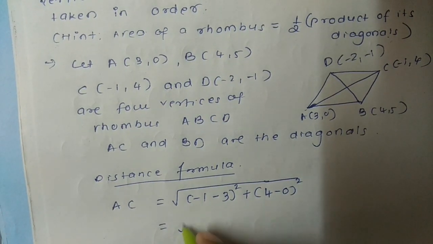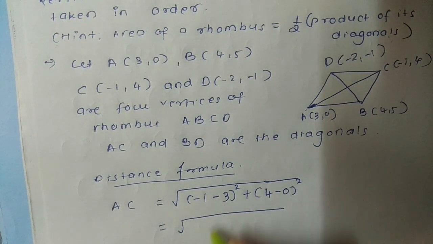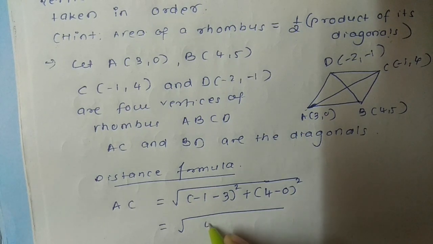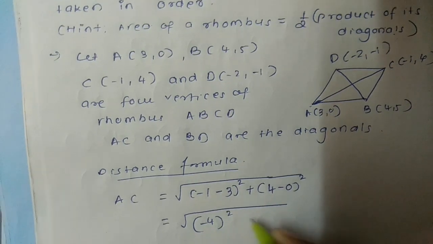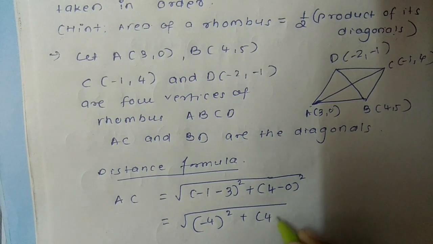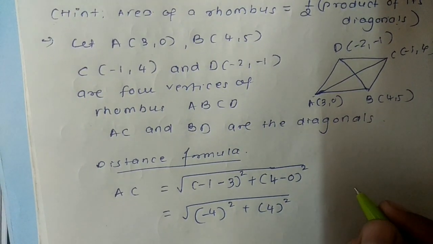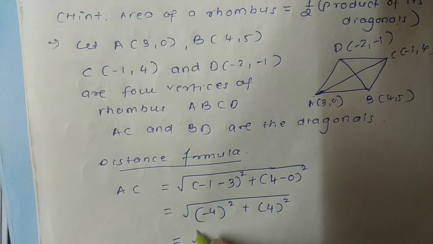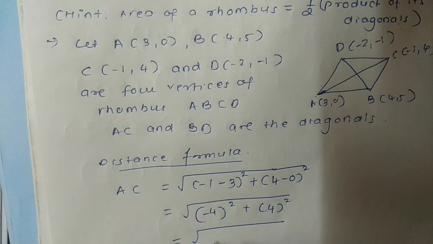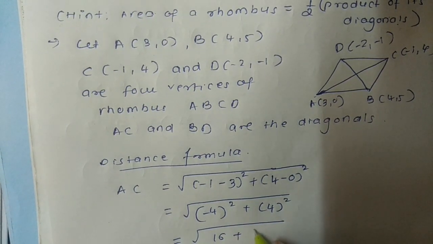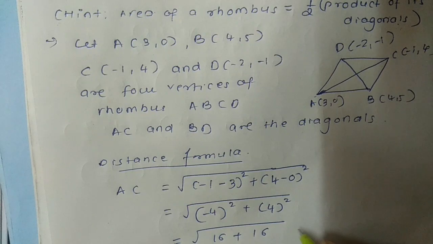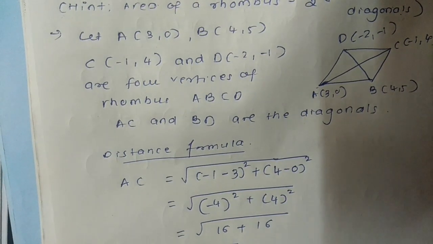So equals, minus minus... -1 minus 3 is -4, its square is 16, plus 4 squared is 16. So we get root 32.